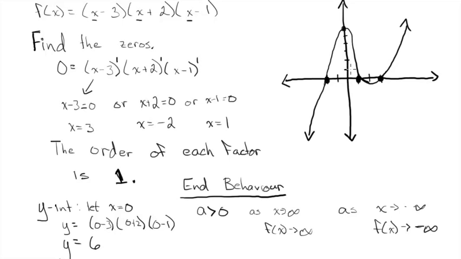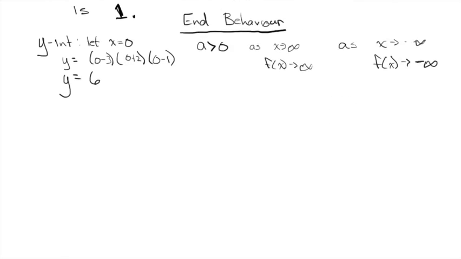One thing to just be careful of is when you did quadratics, you wanted to find the vertex, where that turning point was, and it was always in between the zeros. That does not happen with cubics. So even though, like here, we have one at 1 and one at 3, so you might think, okay, the turning point must be at 2. Not necessarily true. It won't always happen with cubics.